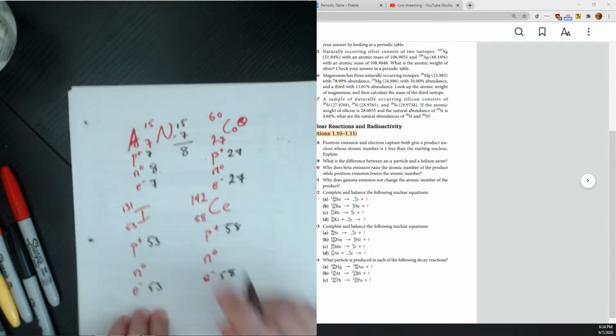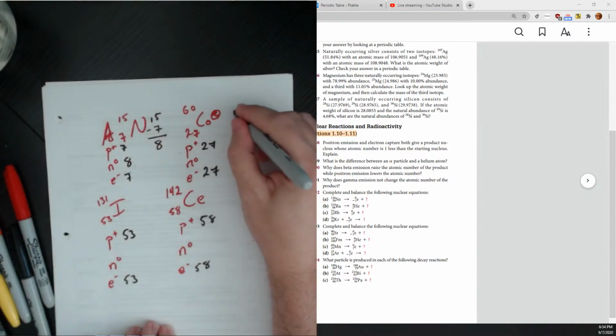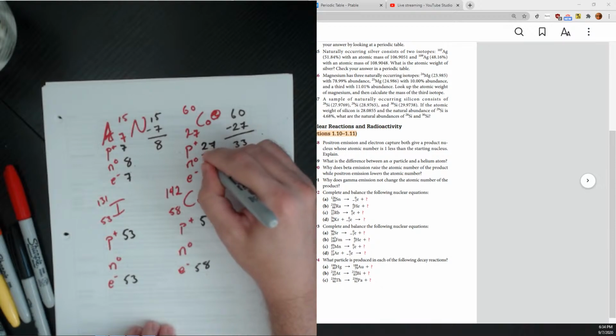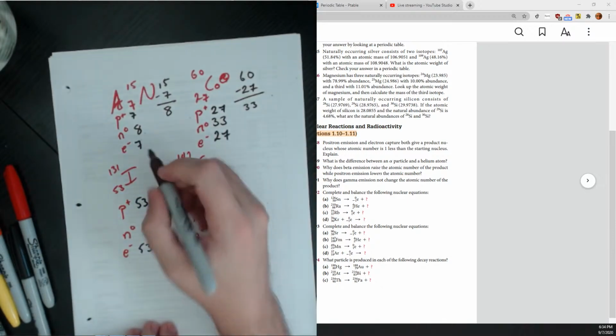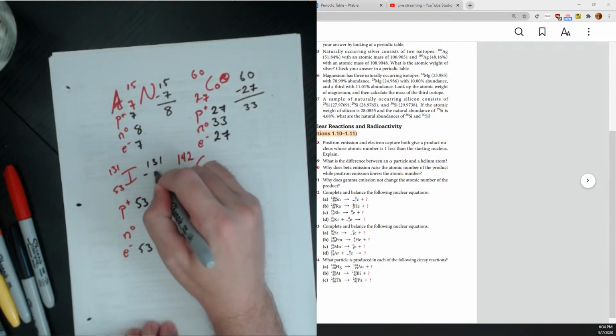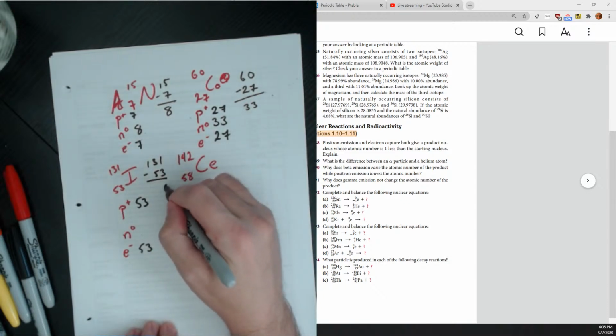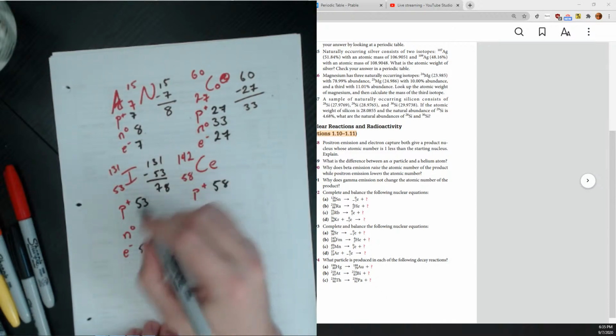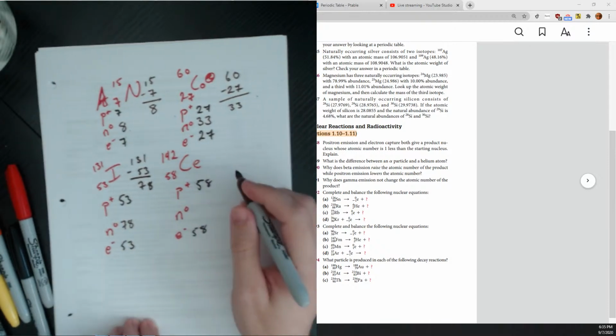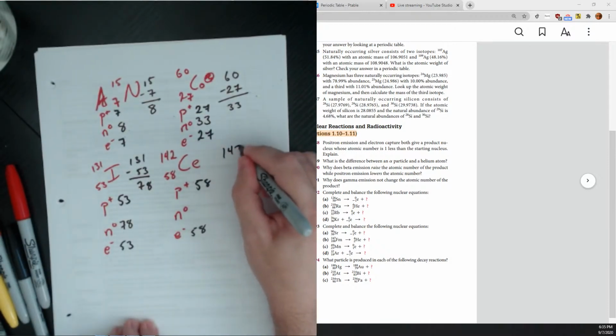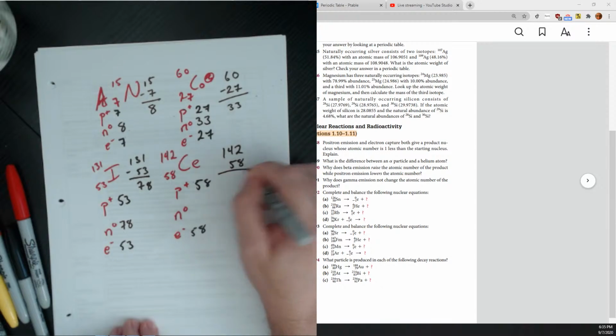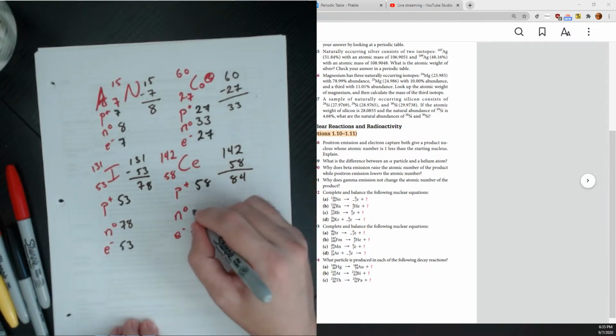So we have 8 neutrons there. For cobalt, 60 minus 27 is 33. For the iodine, 131 minus 53 is 78. And for cerium, 142 minus 58 is going to be 84.